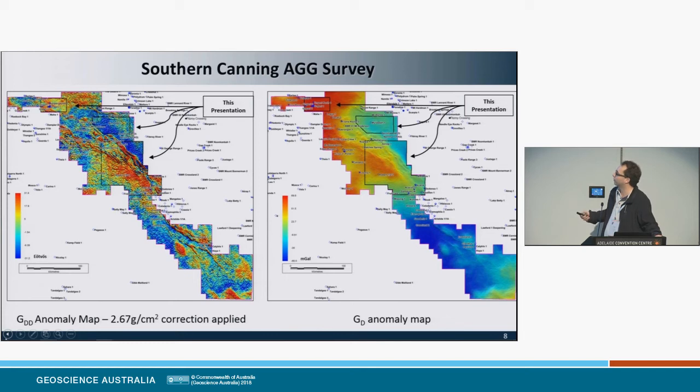The Dummer Range Fault you can see sneaking out through here, and then I've put the GD anomaly map in through here, which looks more like our Western Australian gravity map from earlier.